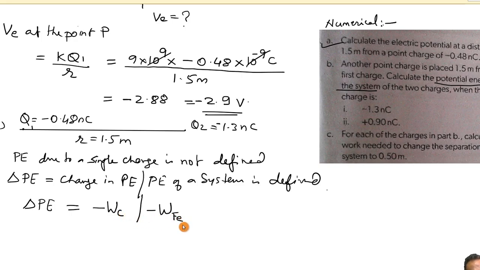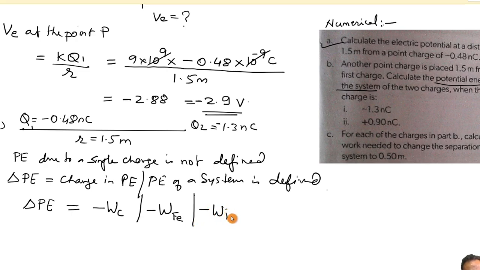Instead of C, I am writing Fe, electrostatic force. So change in potential energy, or just potential energy of the system, is equal to the negative work done due to conservative force. To be particular, that conservative force right now is nothing but electrostatic force, denoted by Fe, so minus W Fe. Many a times this is also known as internal force.